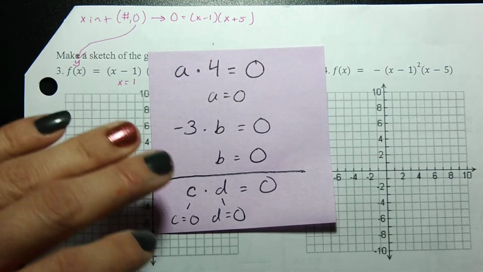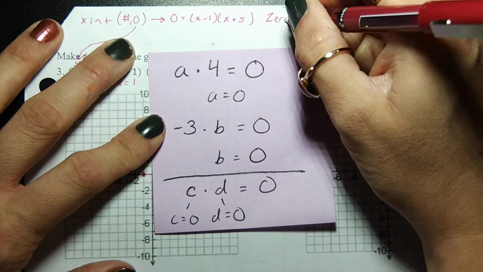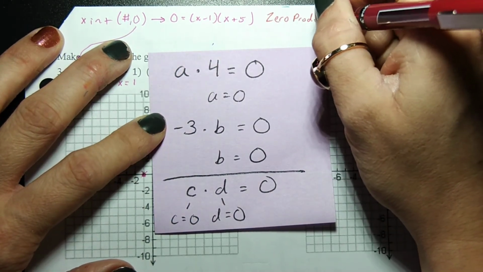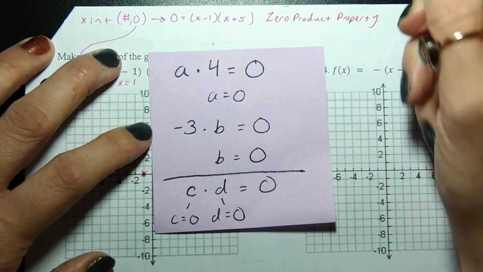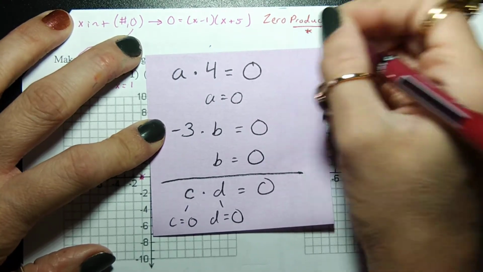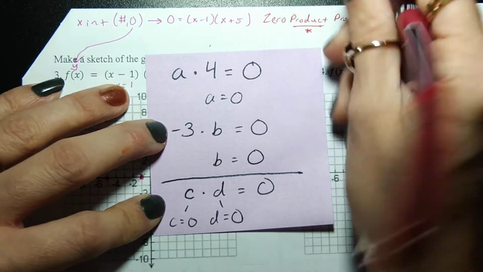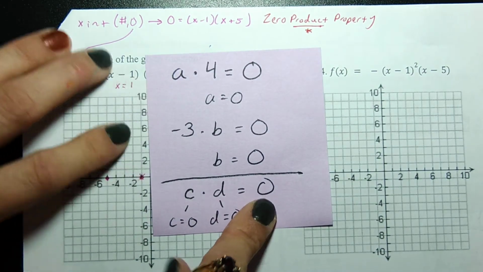So folks, we call this, and this I would like you to write down, the zero product property. Product, which means multiplication, and 0 because that's what I'm getting for the product on the right side.